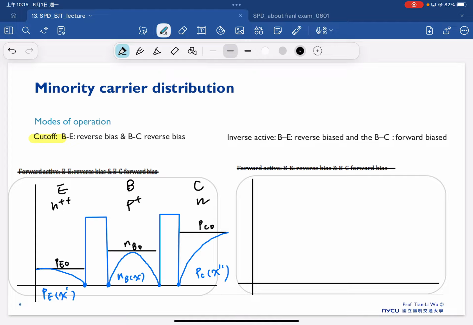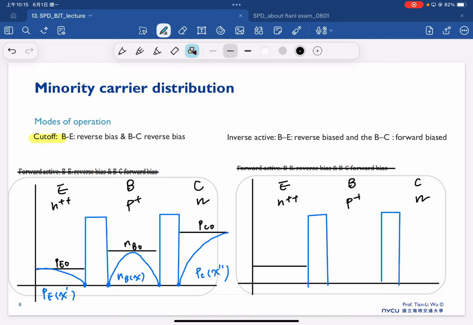So still we have an emitter, base, collector, N++, P+, N, and in this case, the BC is under the forward bias.